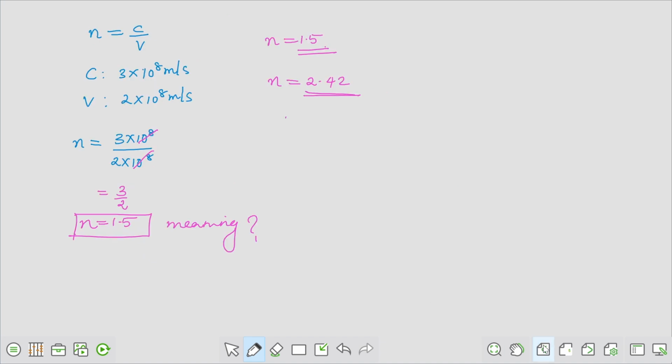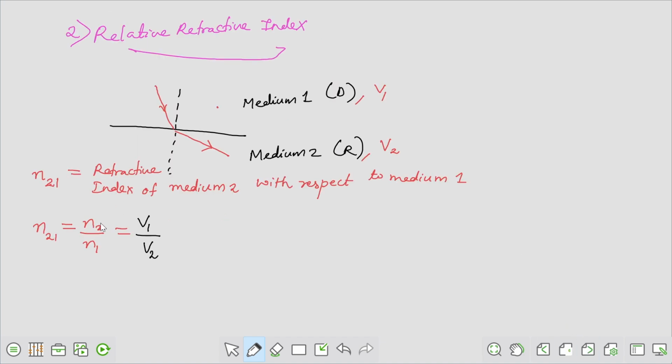Yes, in absolute refractive index, we have seen that n is inversely proportional to v. Refractive index is inversely proportional to speed of light. So this shows inverse relation. N2 here, V2 here. N1 here, V1 here. This shows an inverse relation.